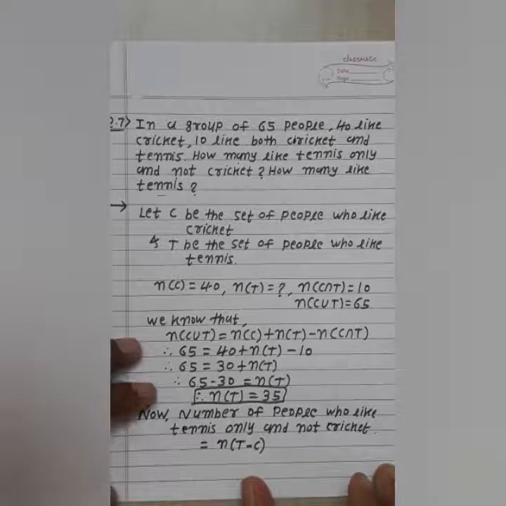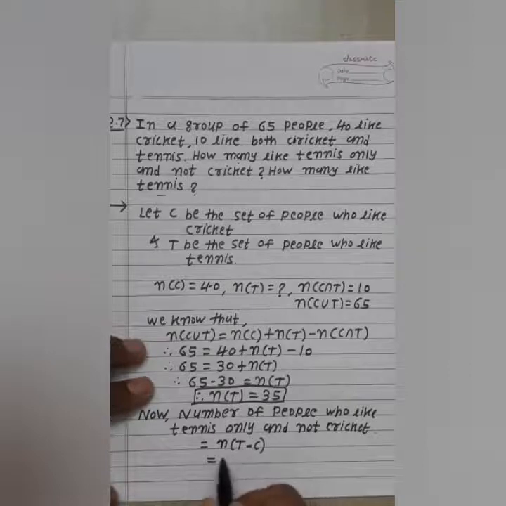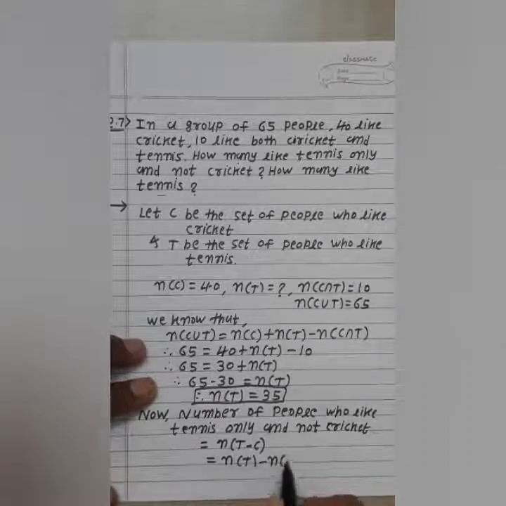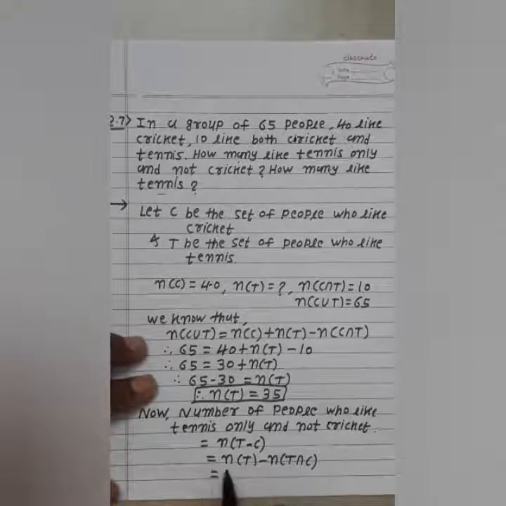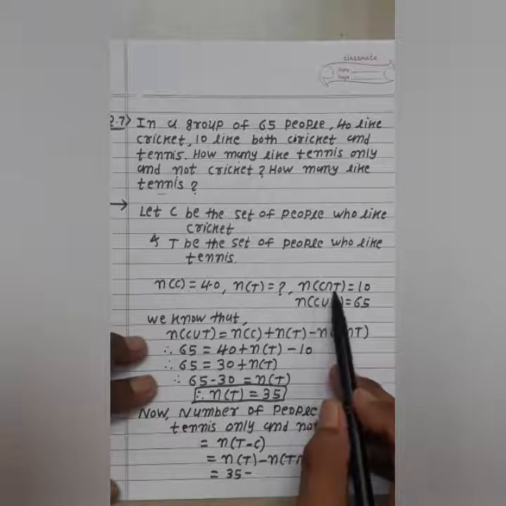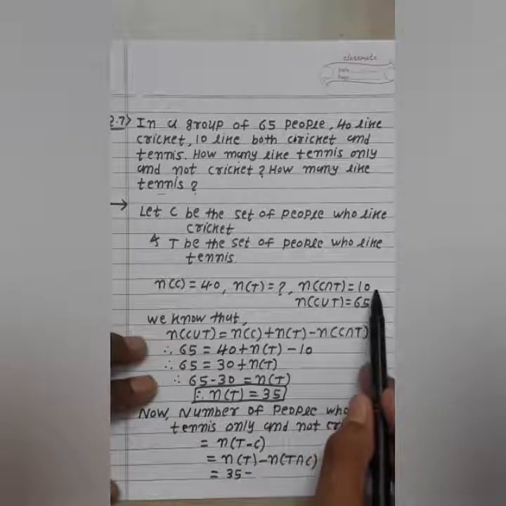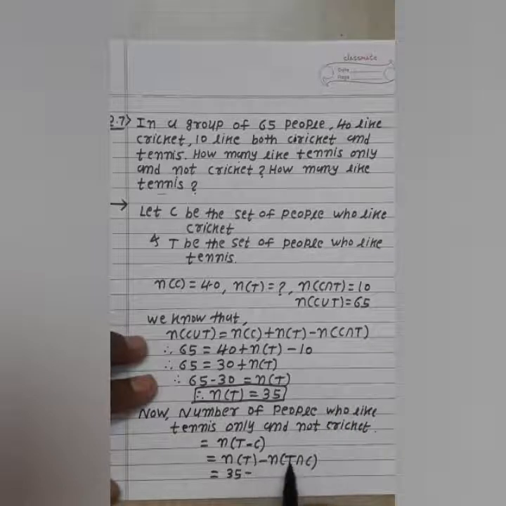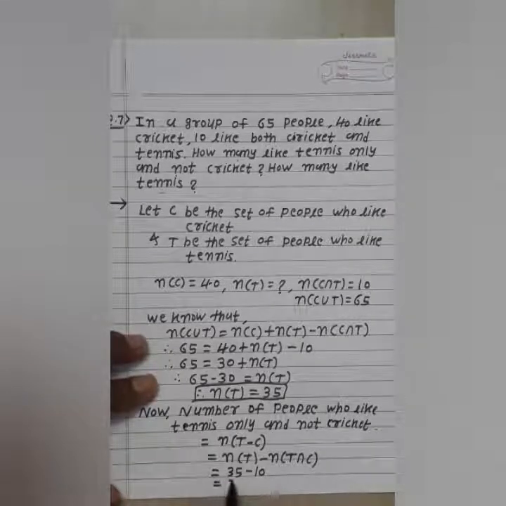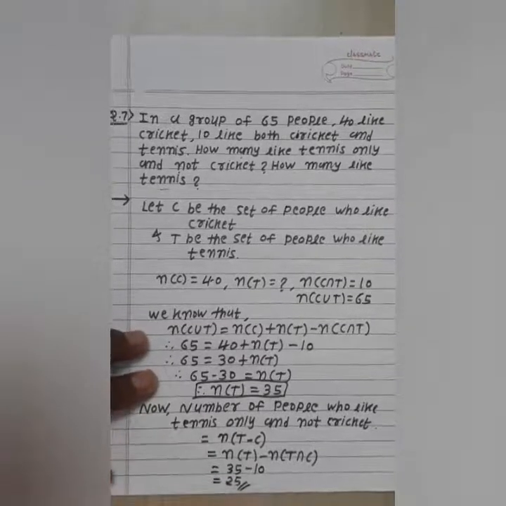That means n of T difference C. So again we know this formula, n of T difference C, otherwise n of T minus C, is equal to n of T minus n of T intersection C, and both this data is present here. n of T we already found, 35, minus n of T intersection C. n of C intersection T and n of T intersection C are the same value, so in place of it we write 10. So we get 25. So our answer is 25.